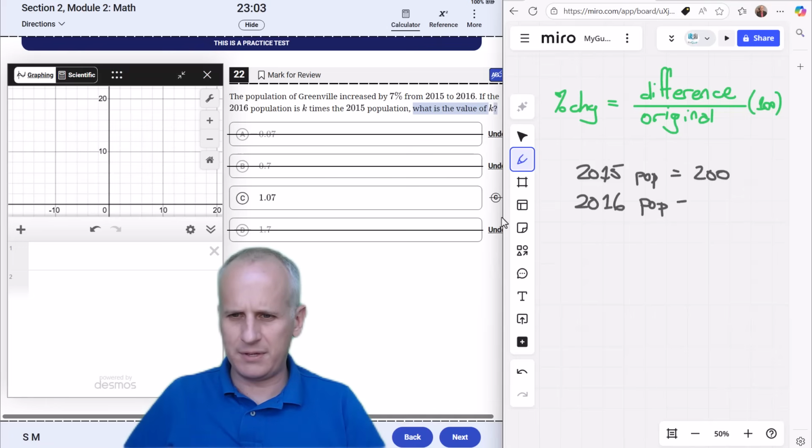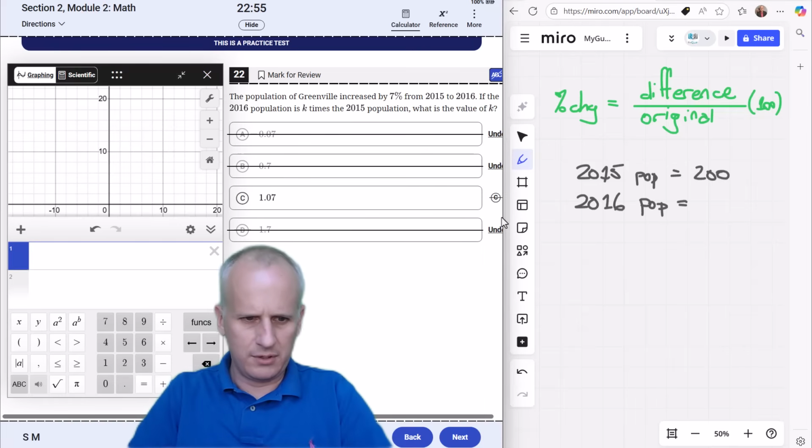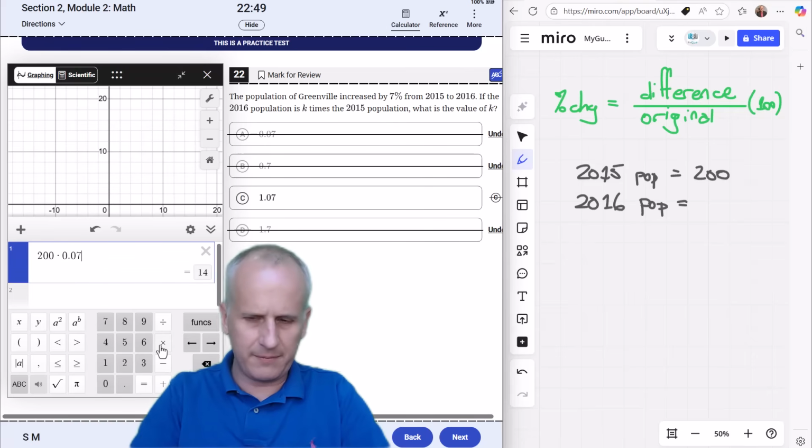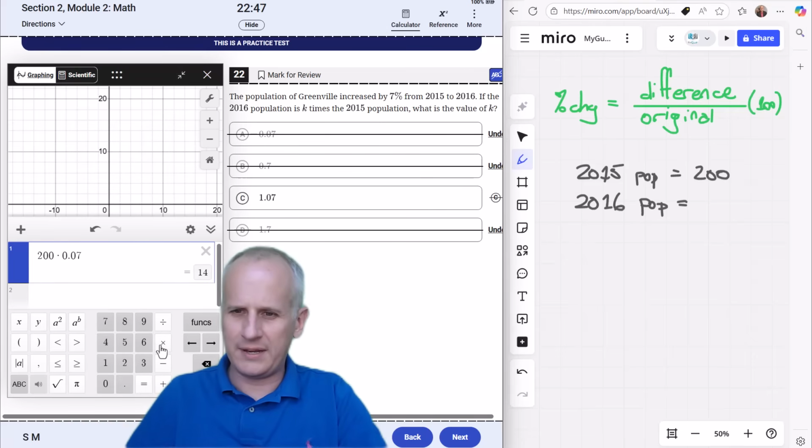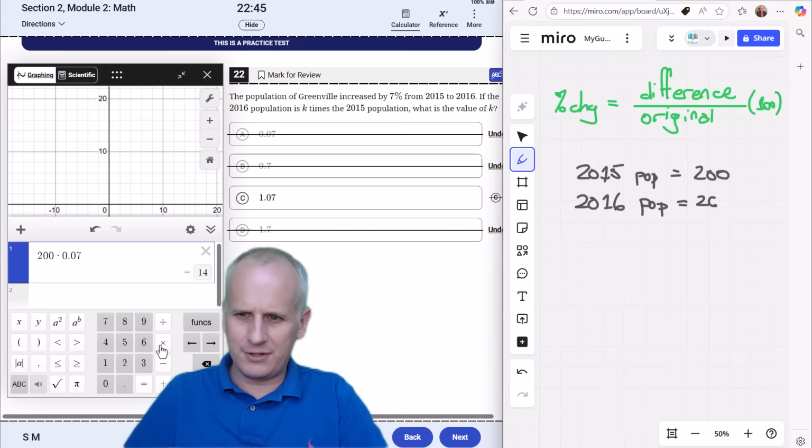And then 2016 goes up by 7%. So that's going to be equal to 200 plus 0.07 of 200. If we don't know how to do that, we could just do our 200 times 0.07, and there's our 14. So we know that the 2016 population is 214.